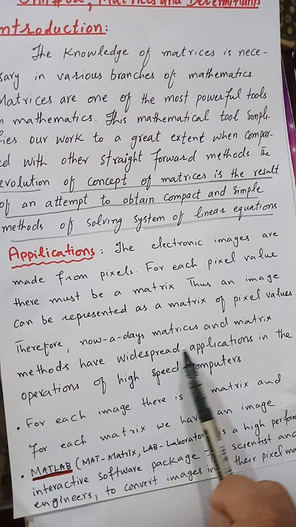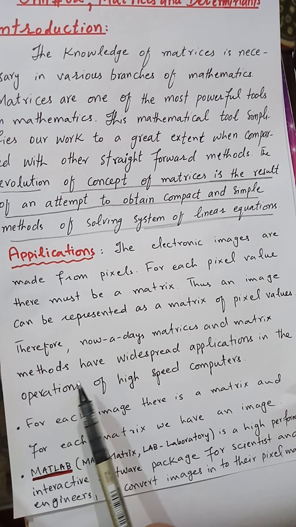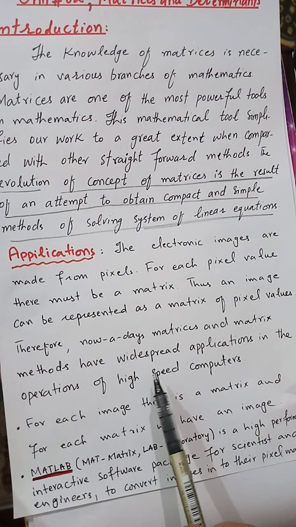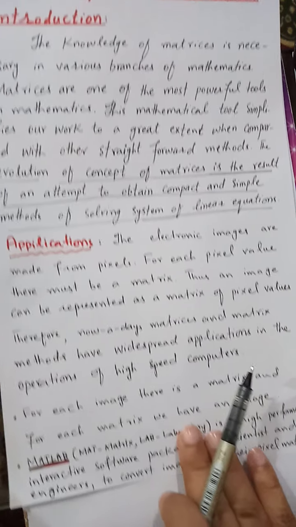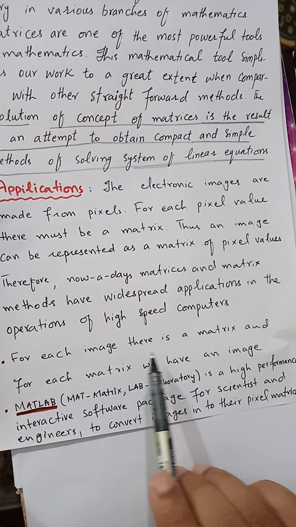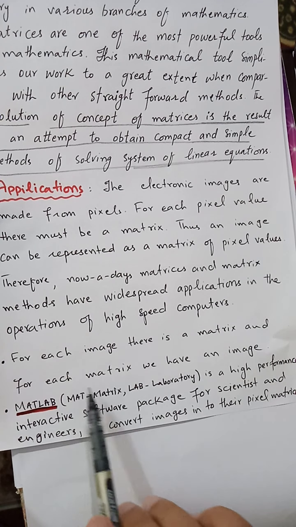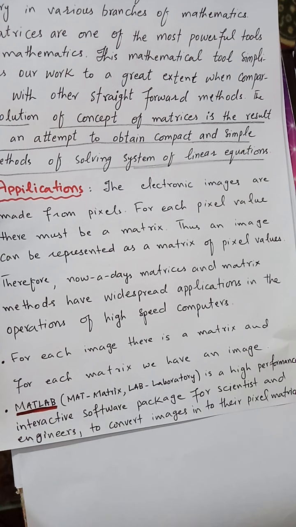Therefore, nowadays matrices and matrix methods have widespread applications in the operations of high-speed computers. For each image there is a matrix, and for each matrix we have an image. So remember, each image can be converted into matrices, and each matrix can be converted into its image.